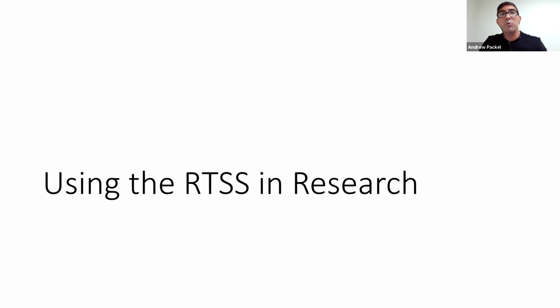And then John Whyte will be taking us through 2 uses of the RTSS in research. Thanks, Andy. So, when we developed this system, we argued that it would have important benefits for clinical practice, for research, and for education.